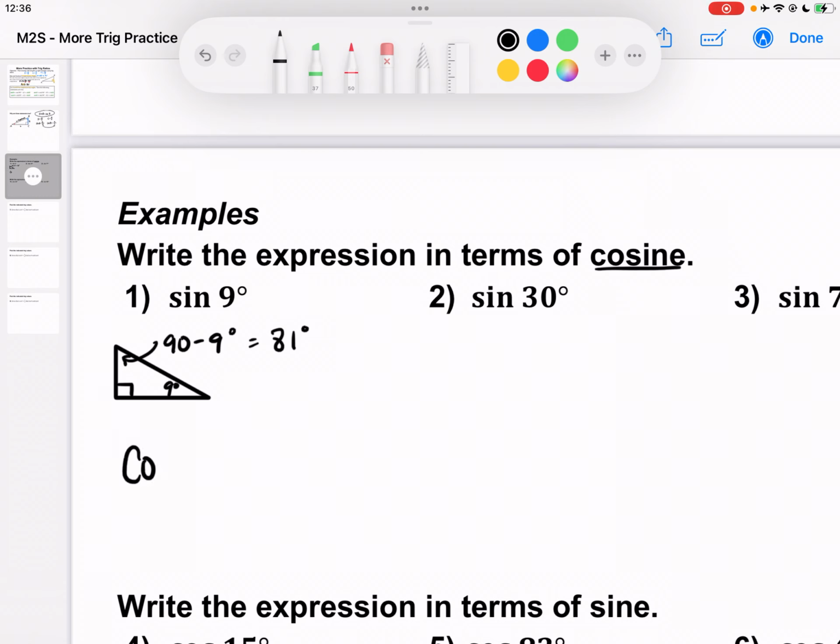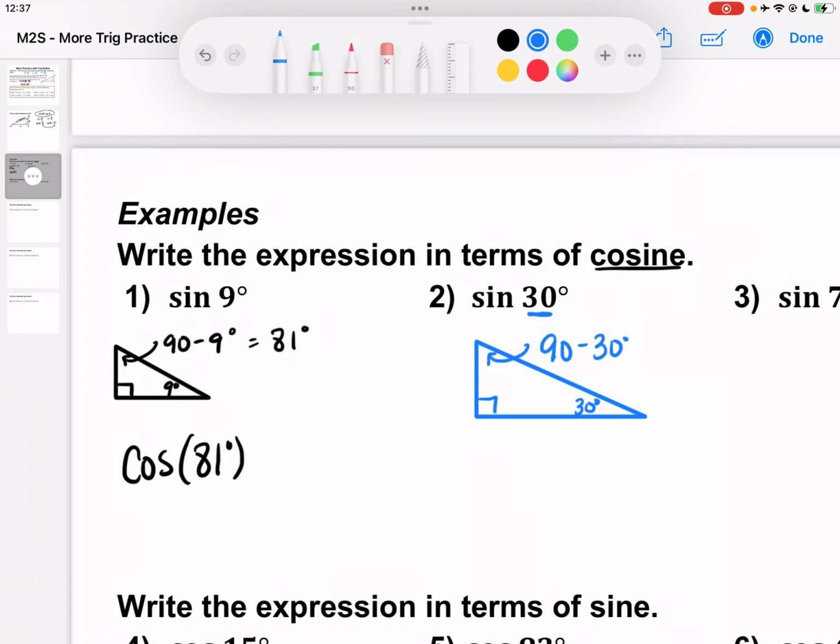So you could write this as cosine of 81 degrees. That process is going to work for all of these. Even for this, if we have 30 degrees right here, then this angle needs to be 90 minus 30 degrees, which is 60 degrees. So we can say this is cosine of 60 degrees.